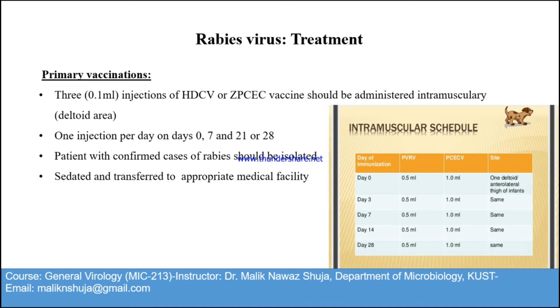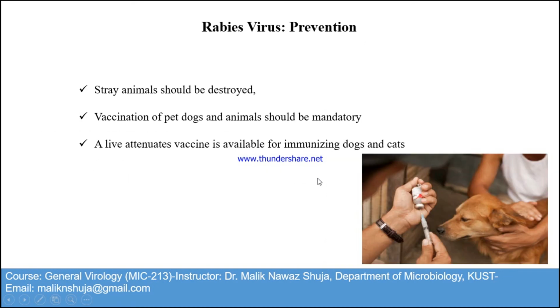Mostly they are given at day 0, and then one injection per day or at a specific interval of time. We can protect ourselves from rabies virus by proper vaccination of ourselves, as well as we can protect our animals from rabies virus by vaccination of animals.